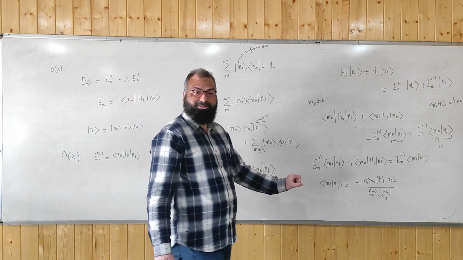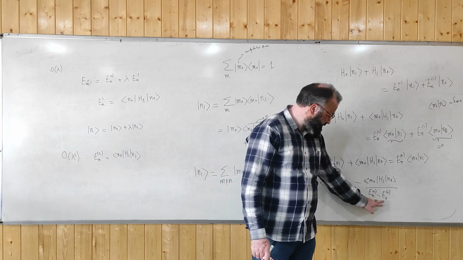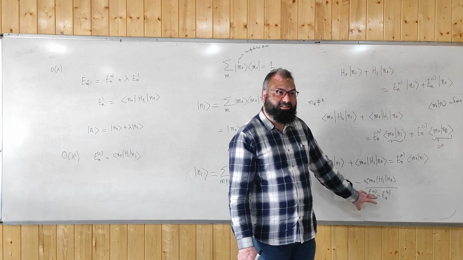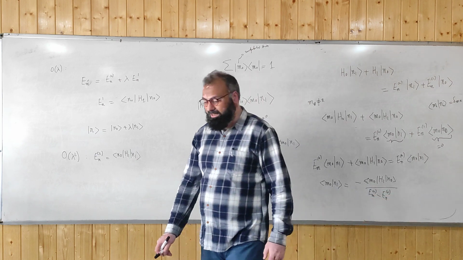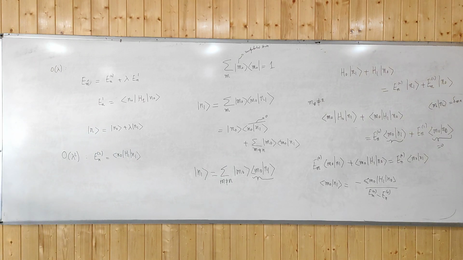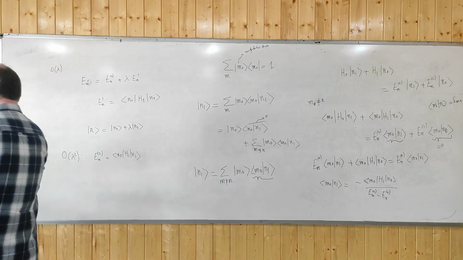You have this factor arising in the denominator. If m were equal to n, then this blows up, so there is a divergence. That's why, when m becomes n, that means the levels become degenerate, we actually require a more sophisticated tool to handle degeneracies. That we do within degenerate perturbation theory. So let's try it then.